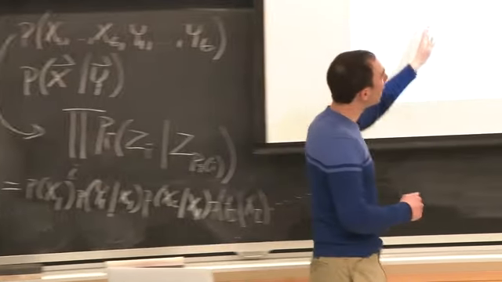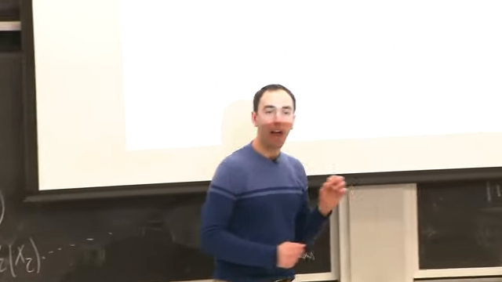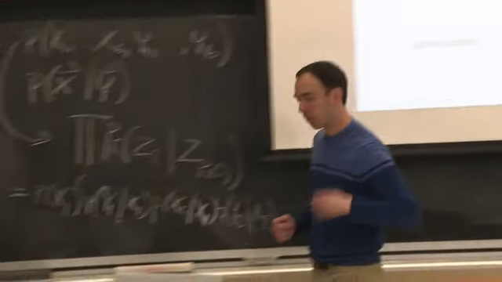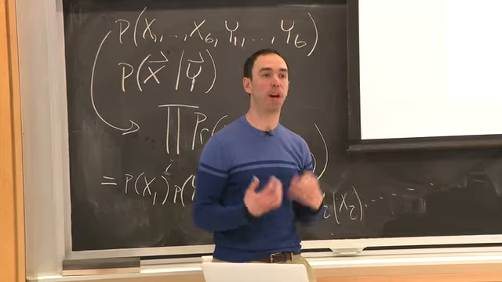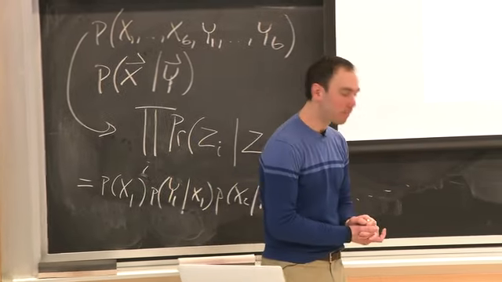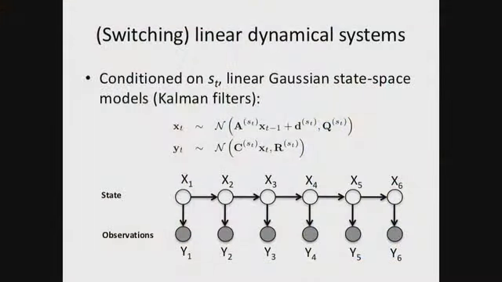Now, the reason why I'm drawing it in this way is because we're making some really strong assumptions about the temporal dynamics in this problem. In particular, the fact that x3 only has an arrow from x2 and not from x1 implies that x3 is conditionally independent of x1 if you knew x2's value.